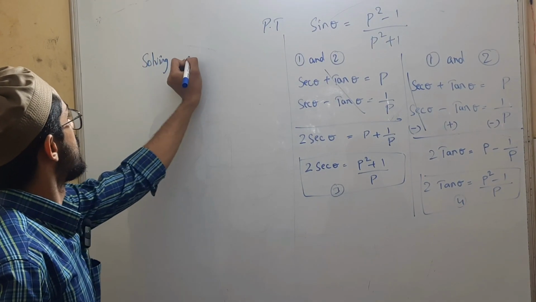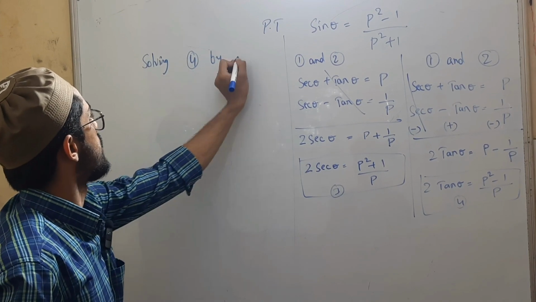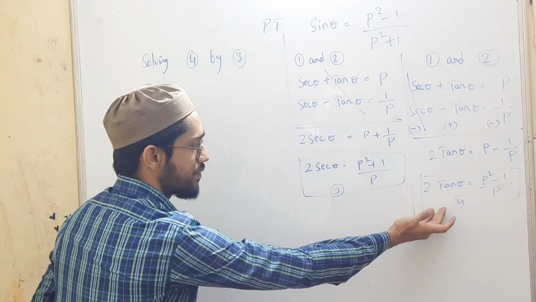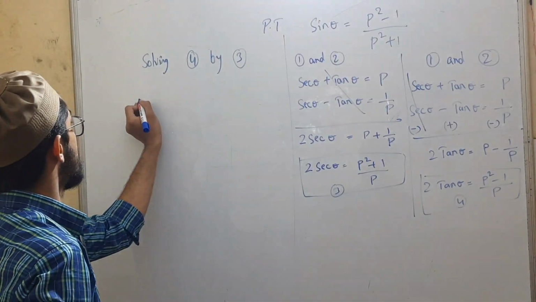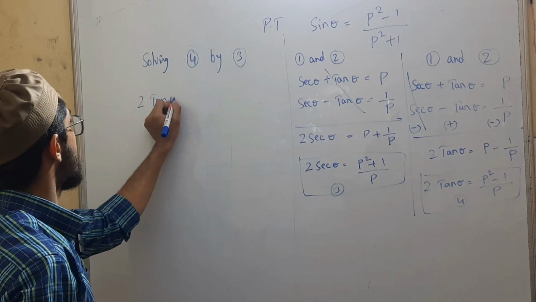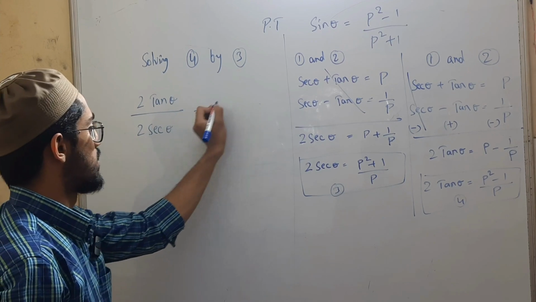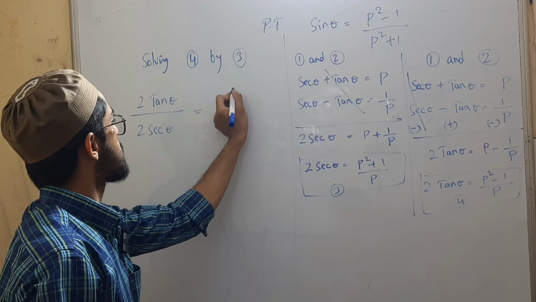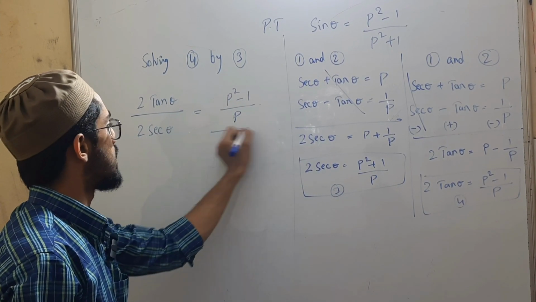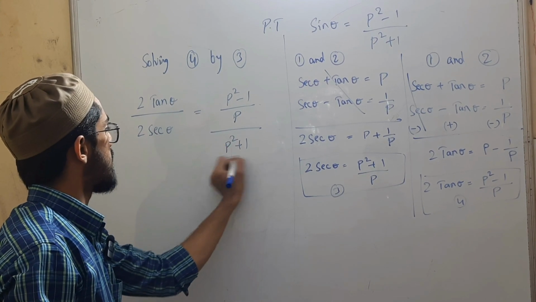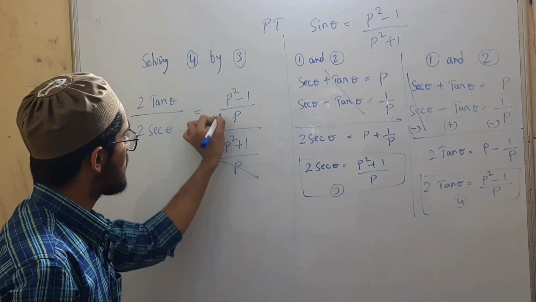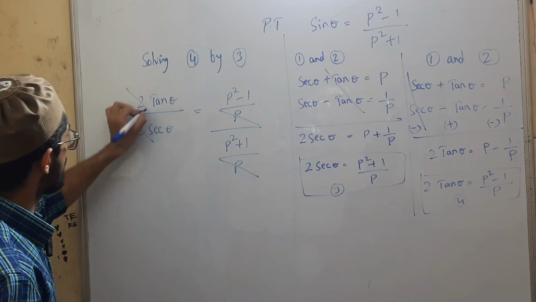Solving the fourth equation by the third equation. This is our fourth, this is our third equation. How to solve? Write 2 tan theta by 2 secant theta. 2 tan theta will be p square minus 1 by p. This will be p square plus 1 by p. P cancelled, 2 cancelled.